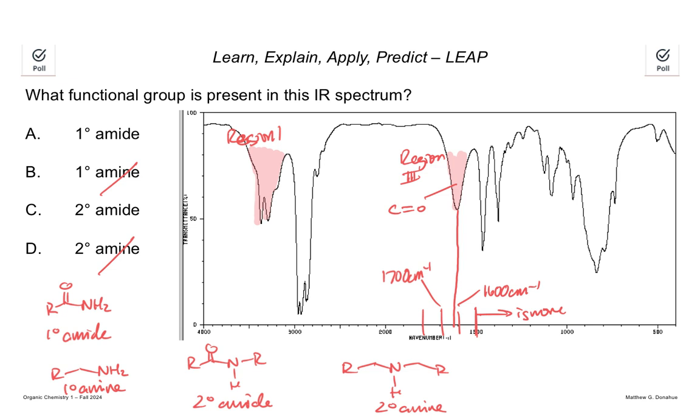Is there something in region 1 that you think could help differentiate between primary and secondary? It has like a little doublet looking thing. So see how this comes down, it goes up, and then comes back down again? So this would be a primary amide.